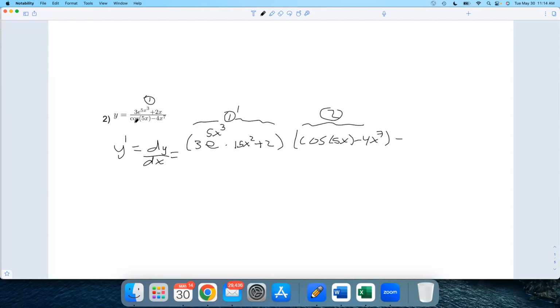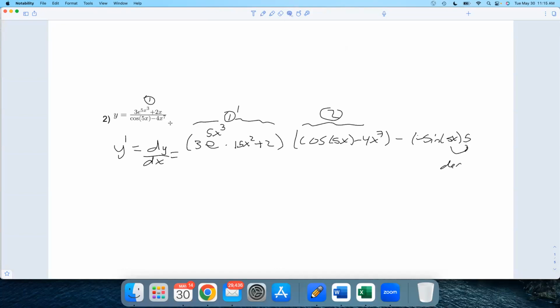So now I'm just looking at the bottom. The derivative of cosine of anything is negative sine, that same thing, times the derivative of whatever's inside. This is chain rule. I've got a function inside a function. The derivative of 5x is just 5. So that's that guy's derivative.